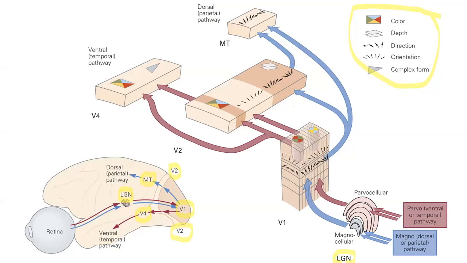Now, if we follow, let's say, the magnocellular pathway, we can see that motion direction and retinal disparity information is going to go to the mediotemporal cortex, where that is mainly concerned with actually motion direction, but takes retinal disparity and depth information into account as well.